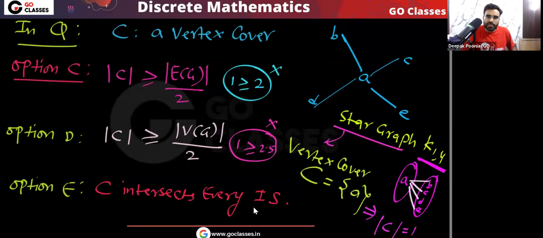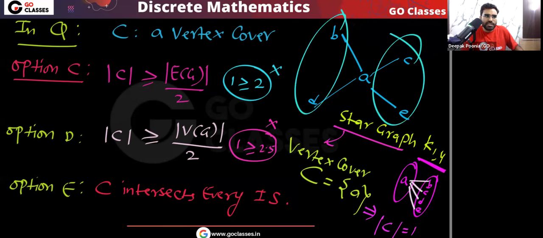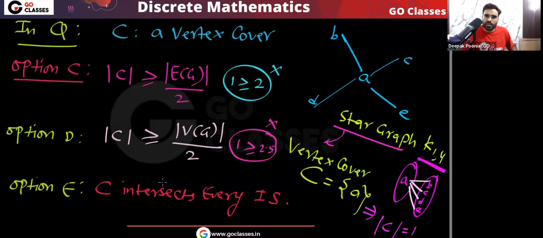Next, what about option E? C intersects every independent set. In this star graph, there is an independent set, that is B, C, D, E. You can take these vertices B, C, D, E, and that will be an independent set.